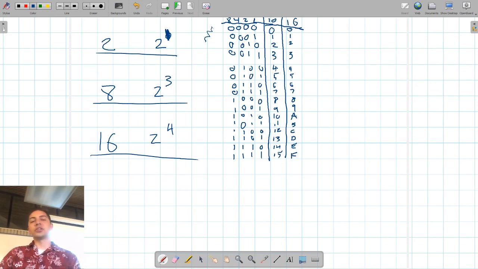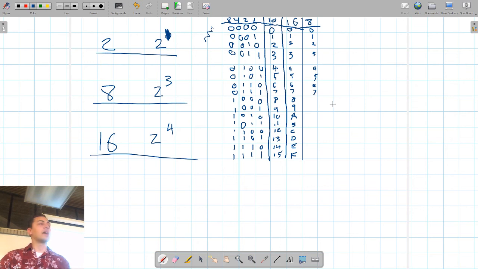And I don't think we've ever actually written out base 8, but we're going to do it right now. Okay, base 8 is 0, 1, 2, 3, 4, 5, 6, 7. And that's a total of 8 symbols. So what's the next number going to be for base 8? 1, 0.